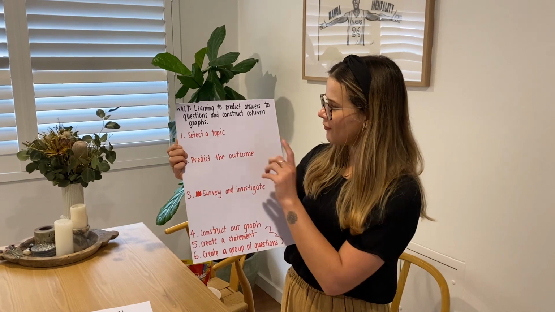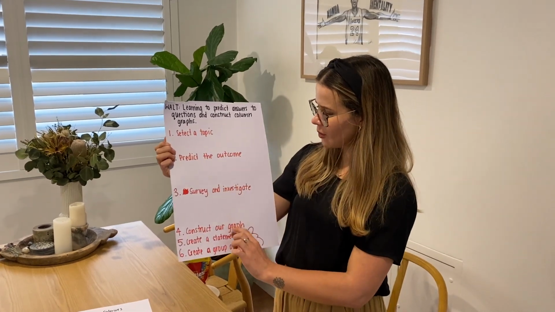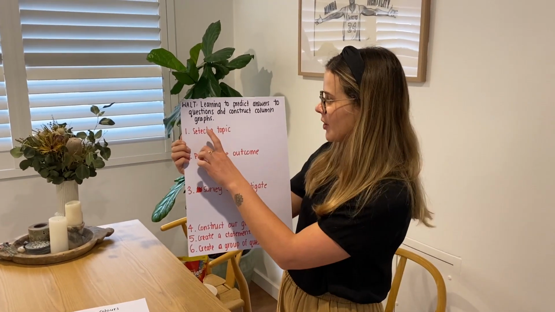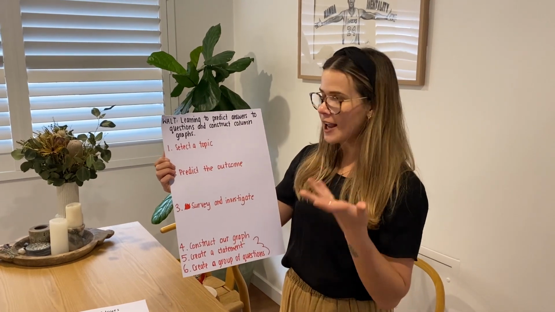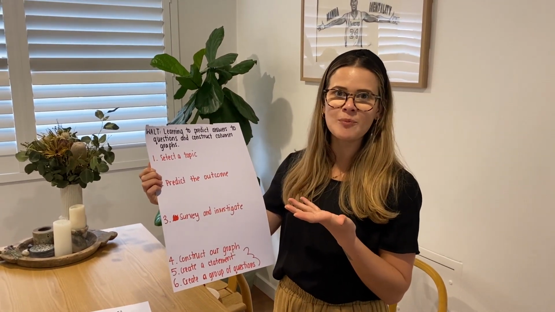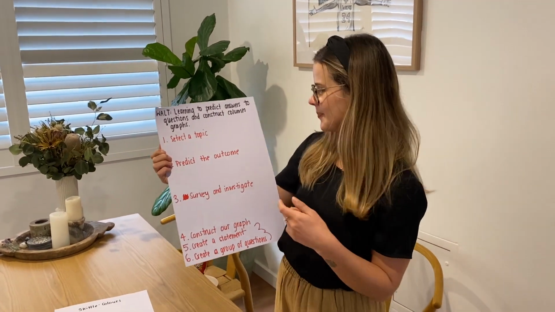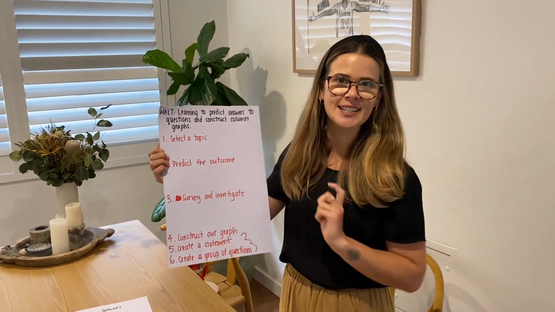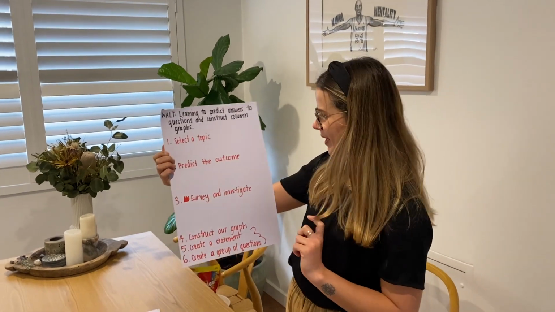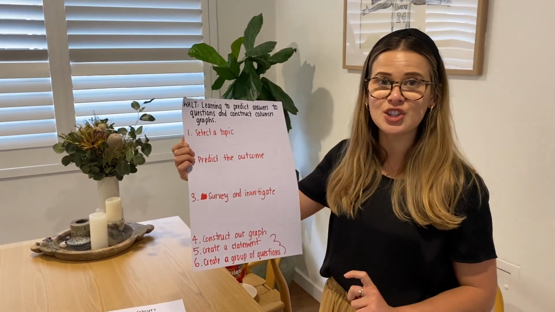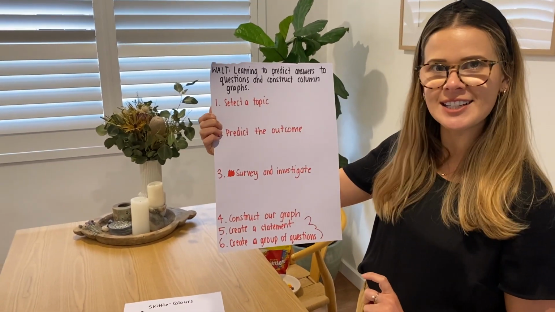So our step-by-step things we're going to work through today in your activity is we're going to select a topic. Today I'm going to select a topic for an example, but you might choose a completely different topic for your activity. We're going to predict the outcome, what we think might happen. We're going to conduct a survey and investigate.